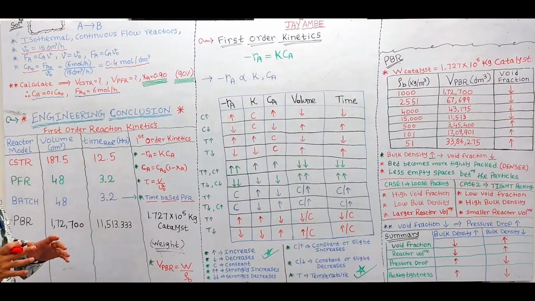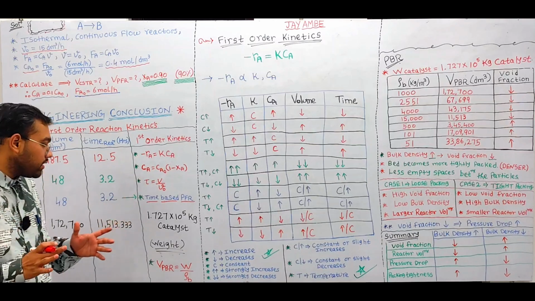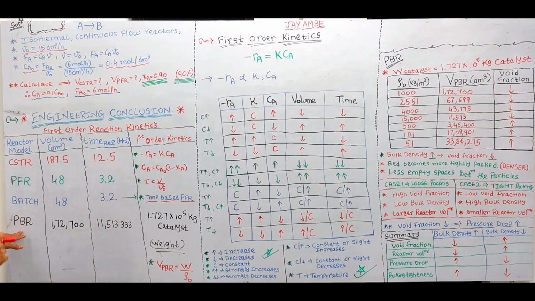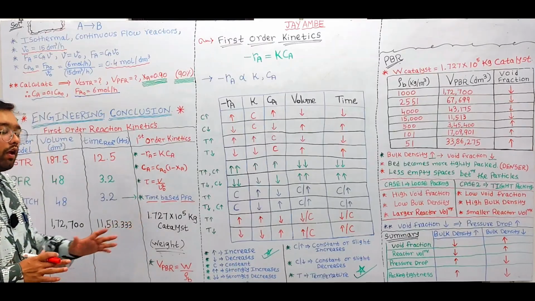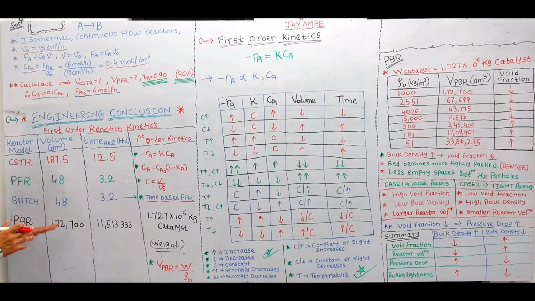So if we select the packed bed reactor, we require a very huge weight of catalyst, a very large reactor volume, and a much longer reaction time, as compared to the other three reactor models.